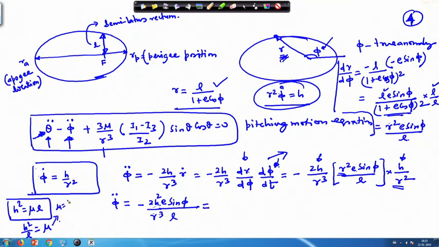Mu we have written as G times m earth, or it may be any planet. So, this is minus 2 mu e sin phi divided by r cube. This is phi double dot.